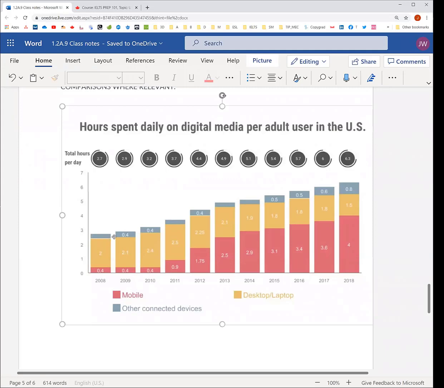So it's 0.3, 0.4, 0.4, 0.3, 0.4, 4.9 minus 4.6, 0.3, 5.1 minus 4.8. This is 0.3 again, 0.5, 0.5, 0.6, 0.8. Okay.